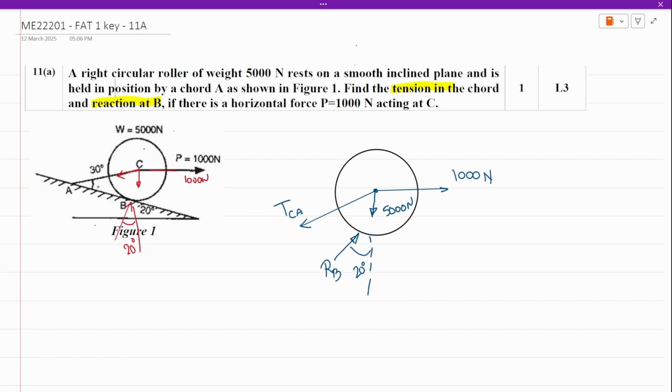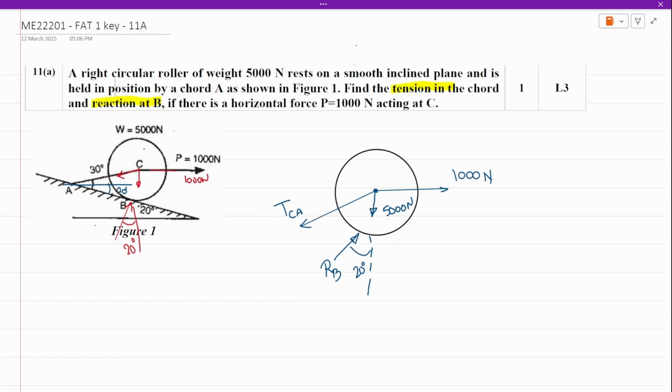Now we have some complexity in identifying the angle of this TCA, because it is mentioned as 30 degrees with respect to the inclination. So let us identify the angle with respect to the horizontal x-axis. Let me draw a horizontal line here. If this is 20 degrees, this will also be 20 degrees because adjacent sides are equal.